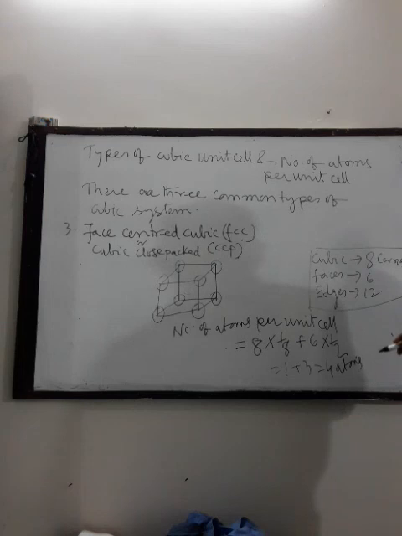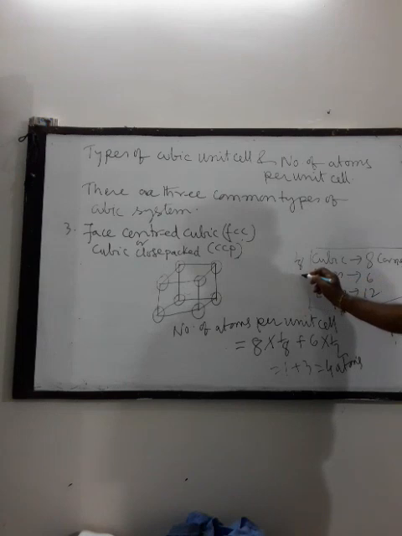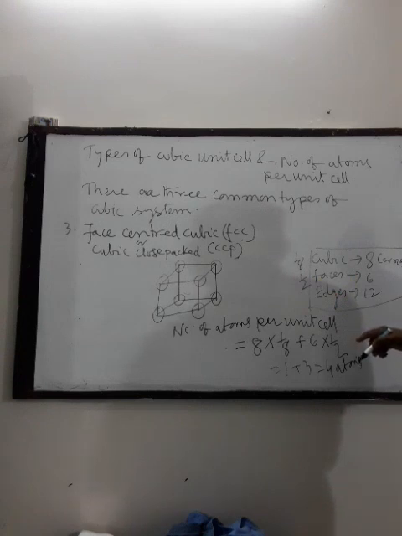Actually, a corner is shared by 8 other unit cells, so when we consider a corner, it is always 1/8. If we consider a face, which is shared by 2 unit cells, so half. And in case of an edge, which is shared by 4 other unit cells, it is multiplied by 1/4.